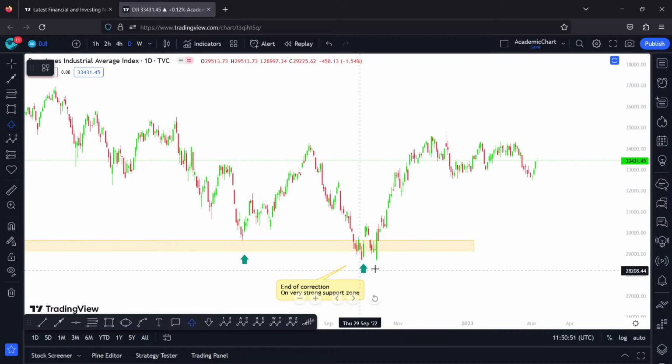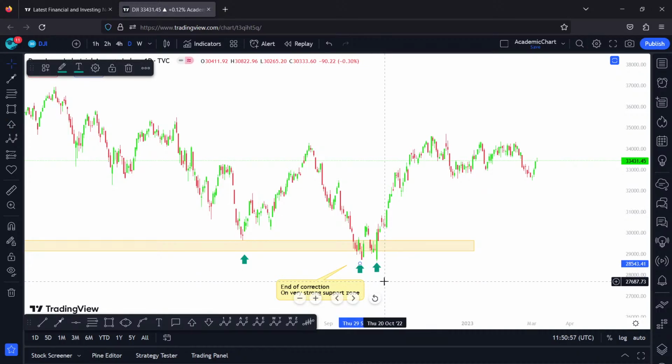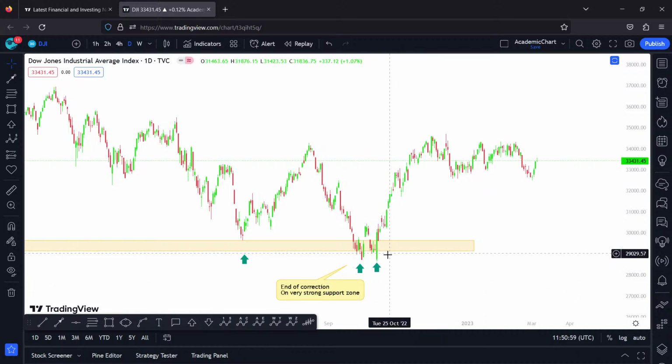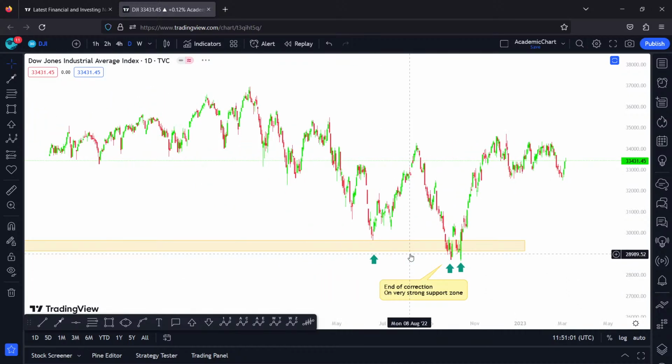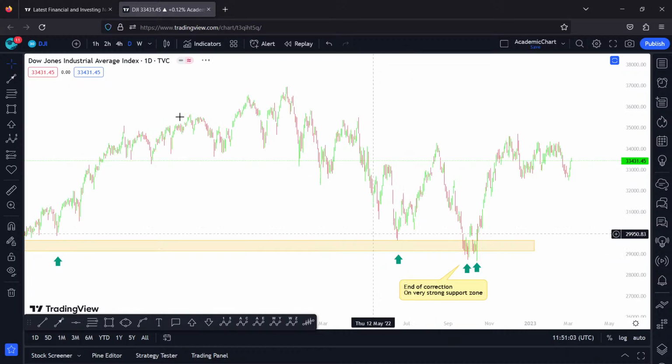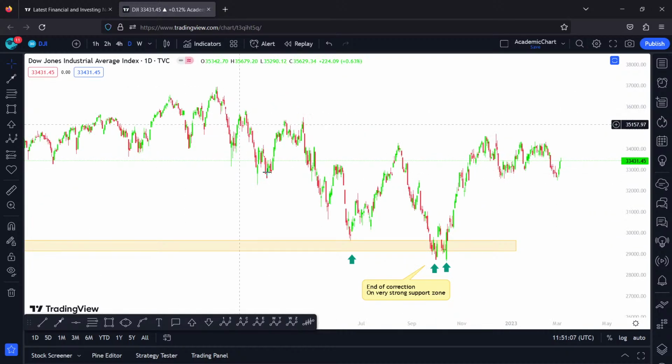I found another indication. Okay, Fibonacci level, very strong support zone, double bottom. Let's not get involved with the wave counting, because it's some sort of diagonal. They're actually interfering. It's not really that valuable to go into those details.